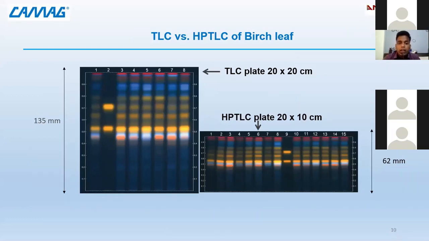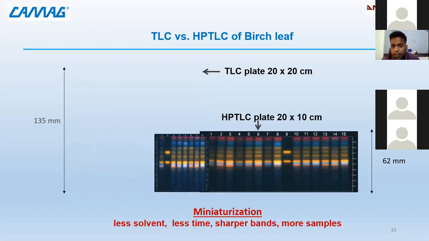Here in the 20 by 20 plate, the separation was somewhat blurry, not that clear and good. But in HPTLC, for the same separation, we are getting very sharp bands. We call this miniaturization. So very little solvent, less time, and sharper bands you will get in HPTLC. This is the example of TLC plates versus HPTLC.